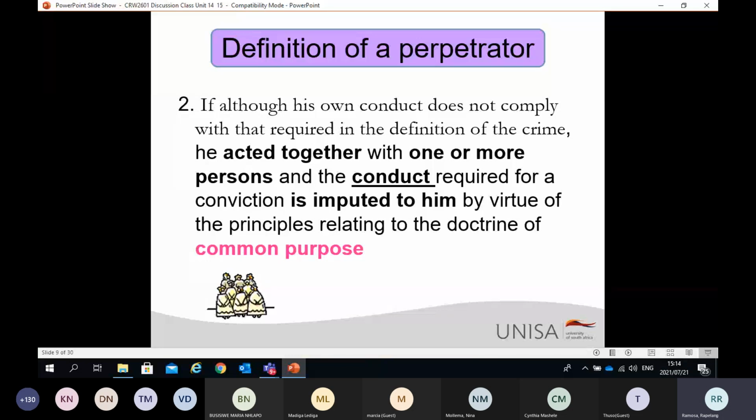That person, if the principles or the doctrine of common purpose is satisfied, what would happen is that the lacking causal requirement or causation requirement would be imputed from the one who satisfies the definition to him, so that he would also be deemed to have caused the death of another human being.